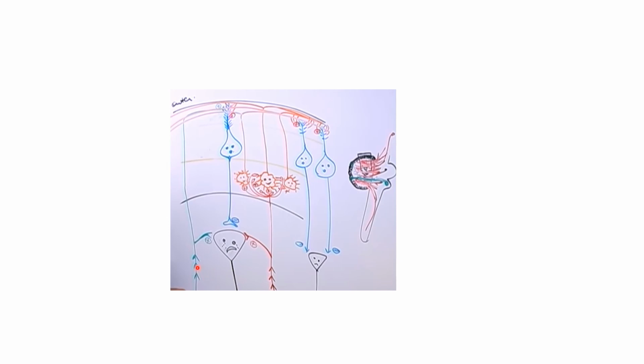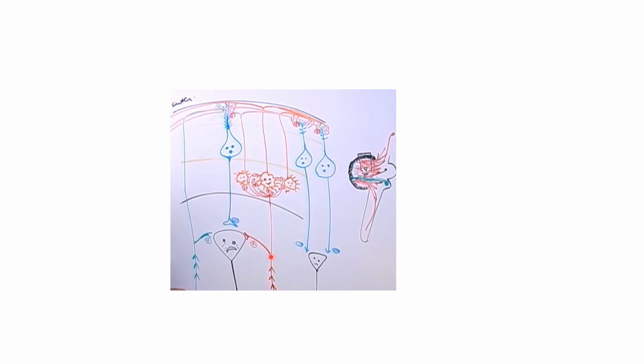This is a climbing fiber which, when it gives collaterals, is excitatory, but when it comes from the Purkinje cell axon, it becomes inhibitory. So the climbing fibers, when they make synapse with the Purkinje cell bodies, send inhibitory impulses.